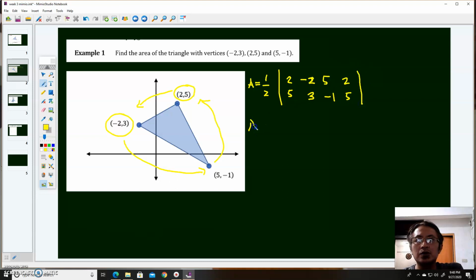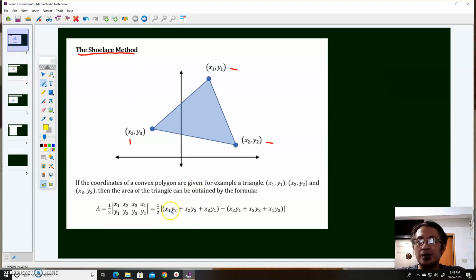Now, A equals 1/2. I said it will be the absolute value. This symbol is not an absolute value. It's a symbol for the matrix. In the second row, this is now the absolute value, and I've shown you that it's the absolute value of the difference of a sum of two groups, so x1y2, x2y3, x3y1.